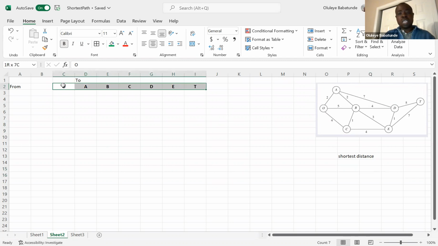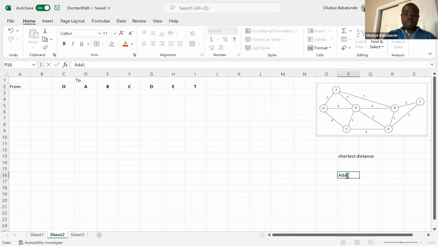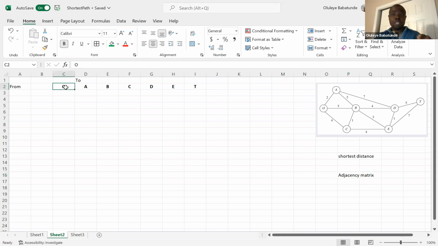Okay, now I'm going to represent all the nodes, the circles here. I have them here, spelled out O to T. I'm going to grab that and form what I call an adjacency matrix representation. Adjacency matrix. So I'm going to form a square matrix based on how many nodes I've got, rows and columns.